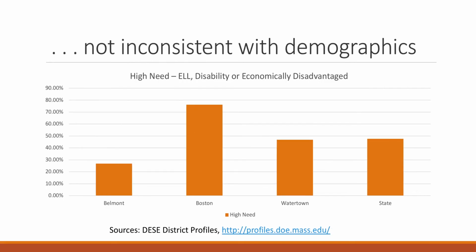The thing to highlight about Boston is that it has a much greater share of its students with some form of identified need, whether it's English language learning, a disability, or whether they're economically disadvantaged. The economically disadvantaged share is much greater in Boston and really much less in Belmont as relates to the state. Watertown is about average by those measures.